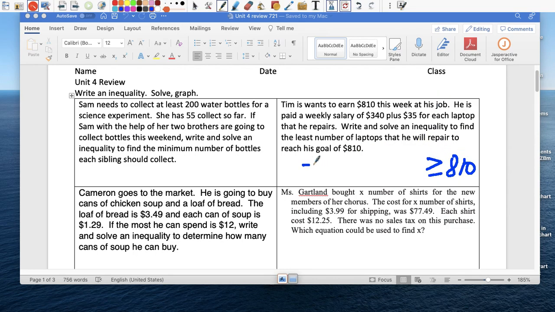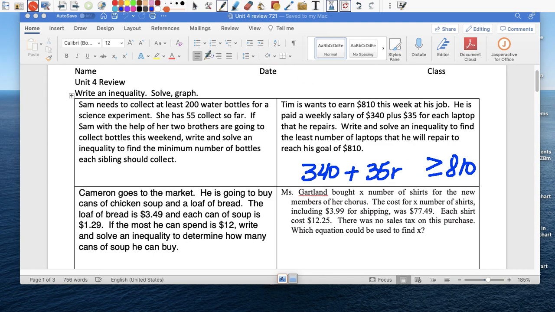So what does he have here? He's guaranteed for the week he's going to take in $340 plus $35 for every laptop, and I don't want to use L for laptop repair, so let's use R. So how many laptops does he have to repair to complement the $340 that he makes on his weekly salary?